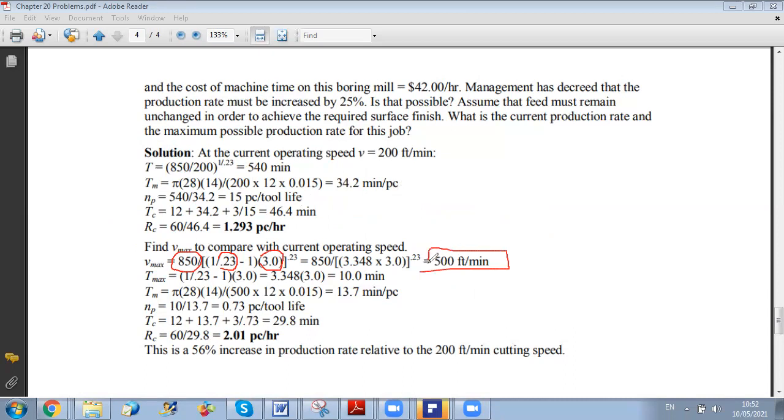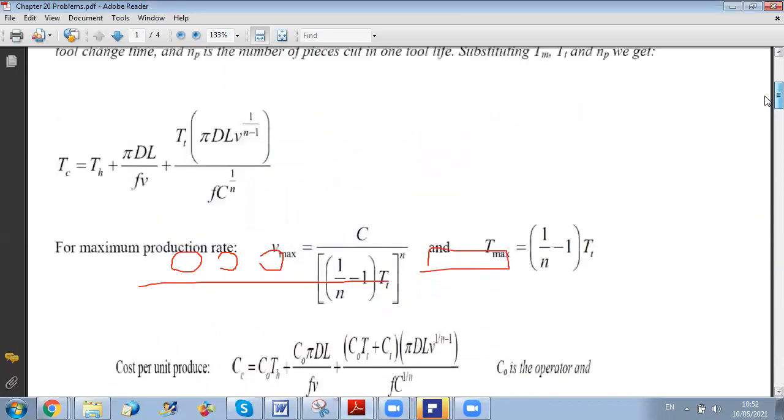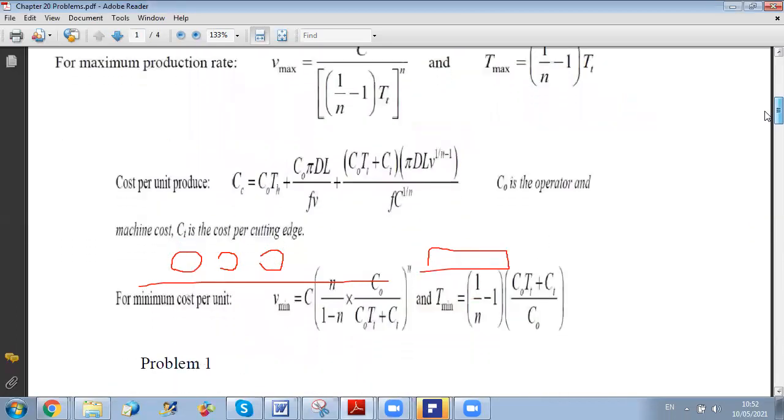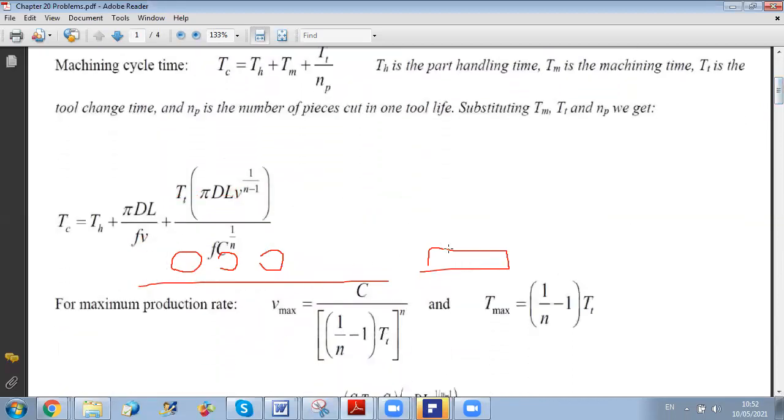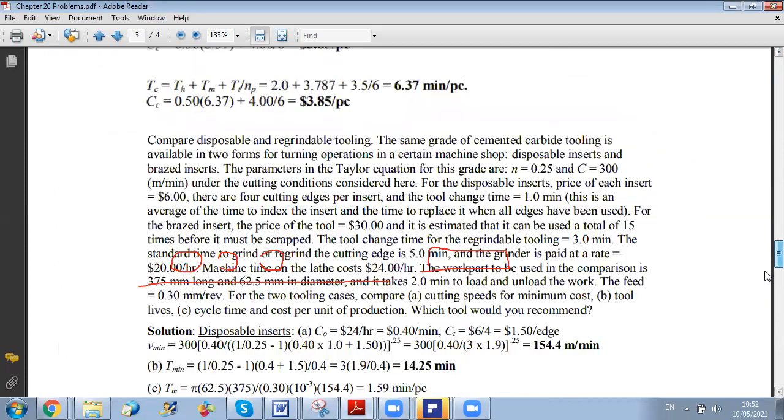Once we get Vmax, we can find the corresponding value of Tmax also using the formula, because you have here the parameters for minimum and maximum. Tmax is (1/n minus 1) times Tt, so you can calculate the corresponding V and the corresponding T for each case.